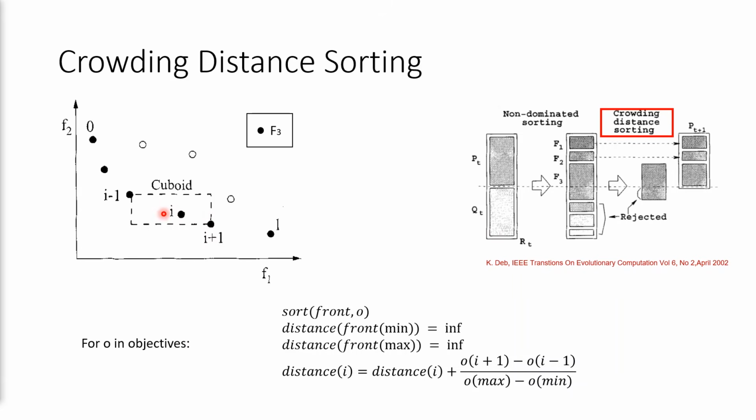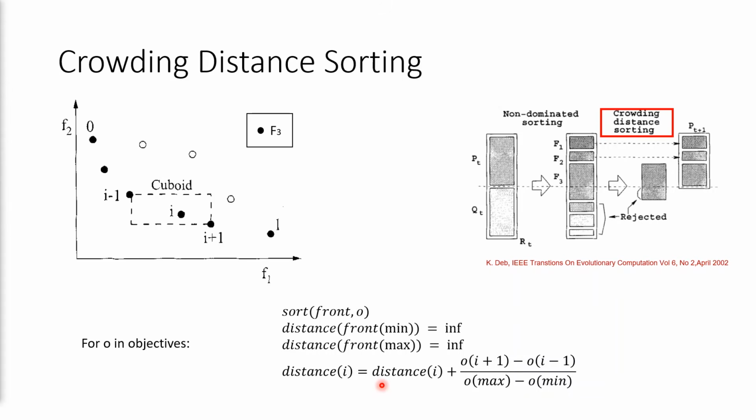Like you can see here in the picture for the point I, we take the distance for the smaller and for the next bigger value in the front and build the delta of these, and then it is divided by the delta of the maximum value and the minimum value for this target indicator. This calculation is then added up to the already calculated distance for the other objectives.